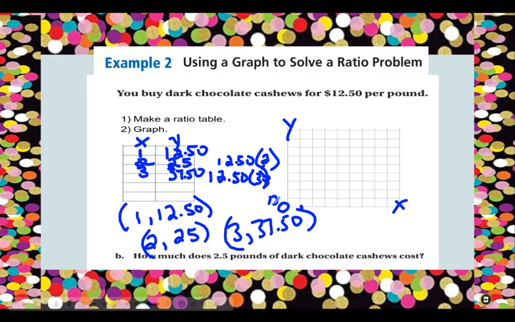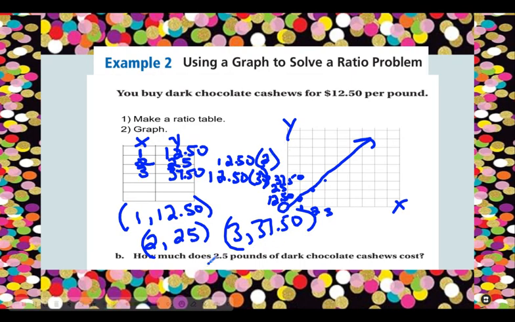So I'm just going to count by 12.5. 2 pounds is $25. And 3 pounds is $37.50. So you can see here's my line.